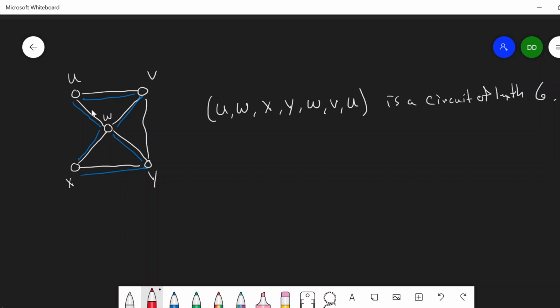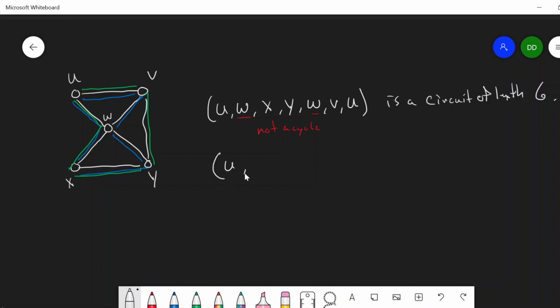On the other hand, we have a cycle, which is a little bit more special. So this would not be a cycle because we repeated the vertex W. So not a cycle. But let's do the cycle U, W, WX, XY, YV, VU.